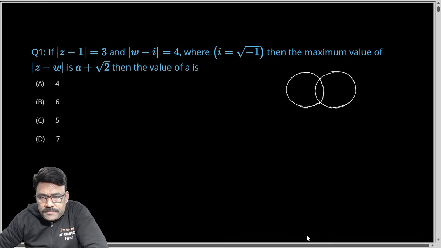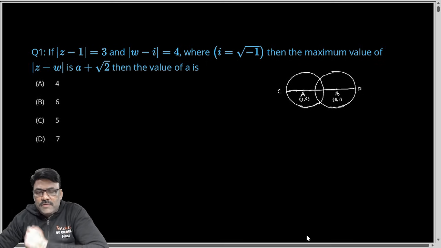Now if I draw the line joining the centers of the two circles here, the center of this first circle A is 1 comma 0. The center of the second circle, let's say B, is 0 comma 1. And let's say this is the common diameter. It meets the circle at C and D here.